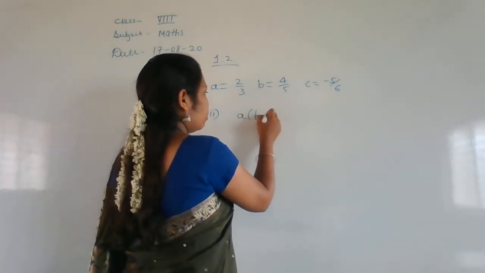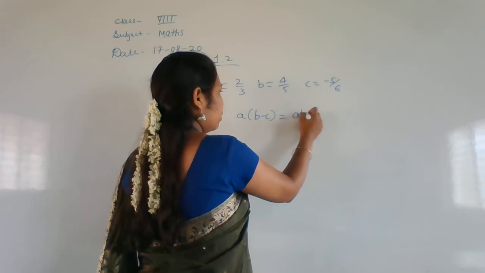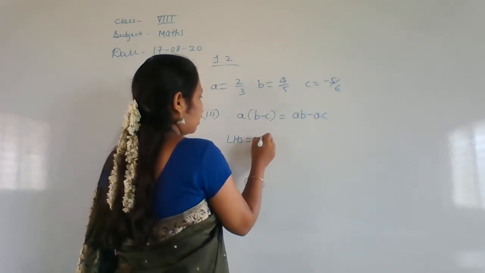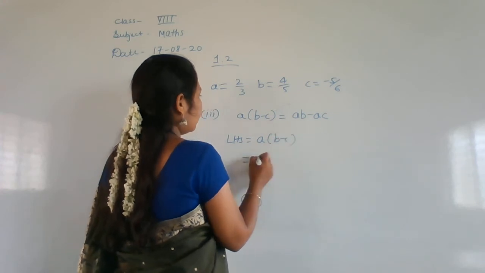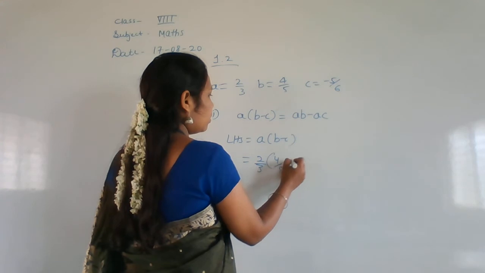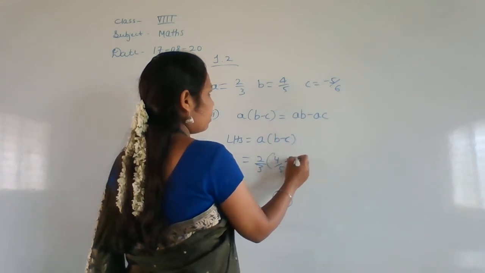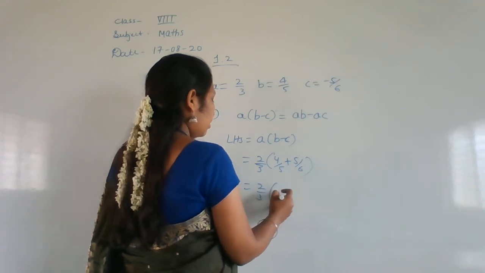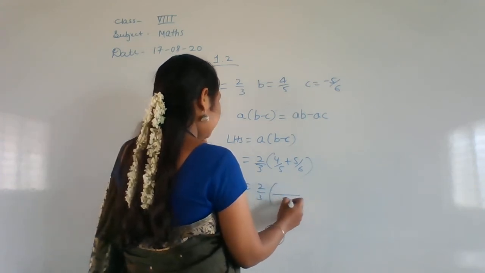A into B minus C is equal to AB minus AC, and take the LHS, that is A into B minus C. A is 2 by 3 and B is 4 by 5. C is a minus value there, so it will become a plus. So 2 by 3. Next 5 6s are 30.